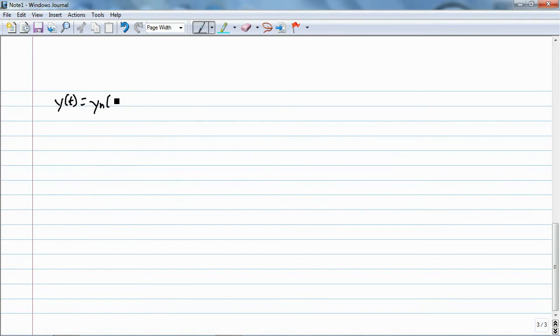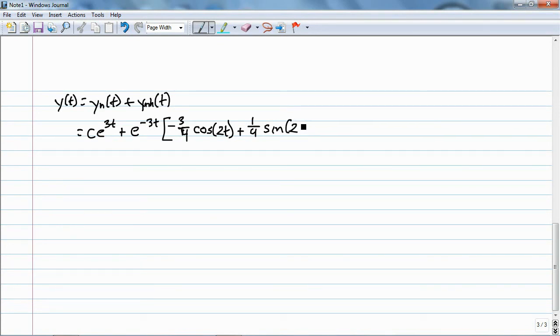It's the combination of the homogeneous and the non-homogeneous: C e to the 3t plus e to the negative 3t times the quantity minus 3/4 cosine 2t plus 1/4 sine of 2t.